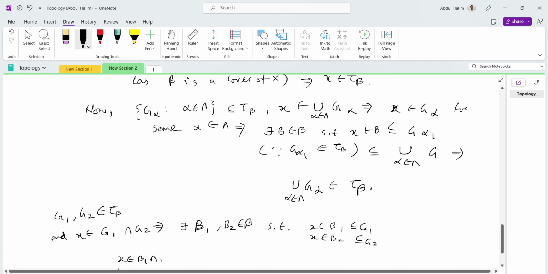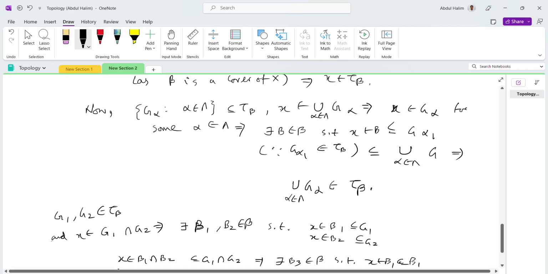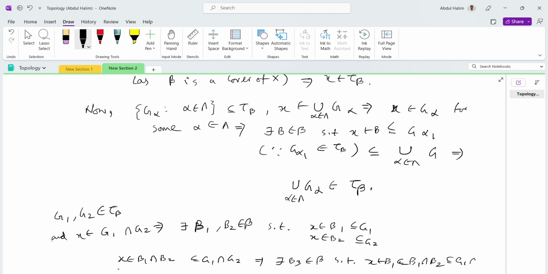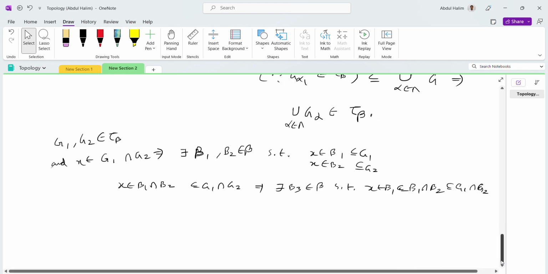It implies there exist B1, B2 belonging to the family beta such that x belongs to B1 subset of G1 and x belongs to B2 subset of G2. What is the fact? x belongs to B1 intersection B2.